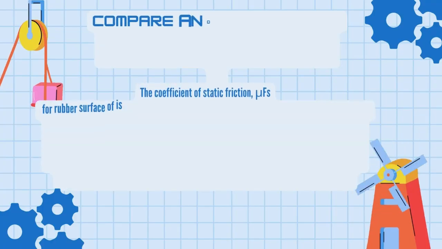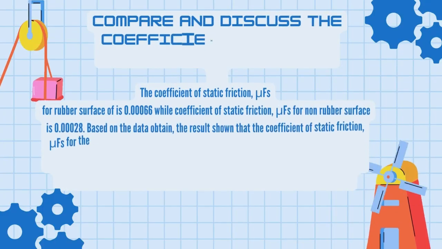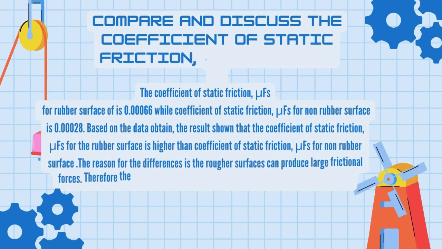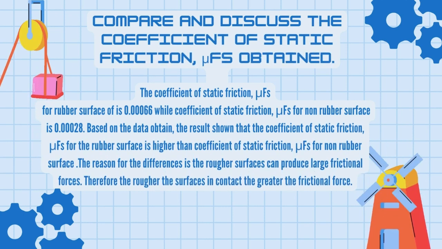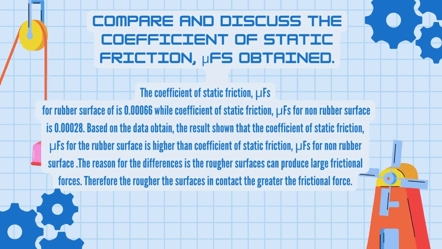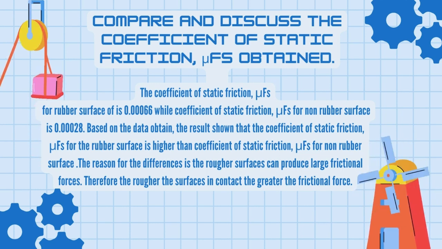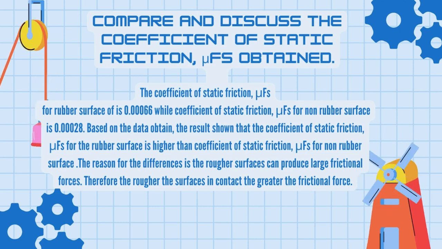From the graph, we know that the coefficient of static friction for the rubber surface is 0.00066, while for the non-rubber surface it is 0.00028.